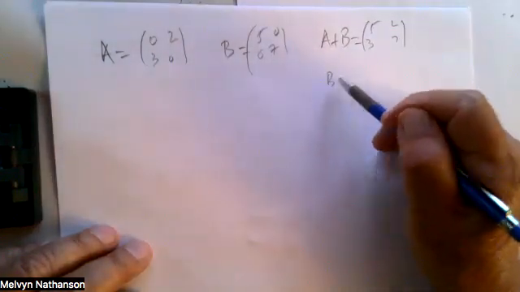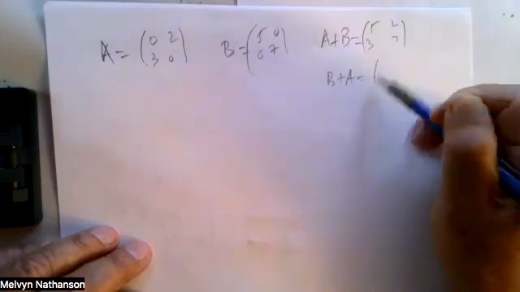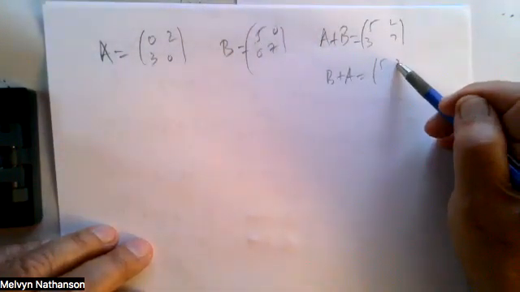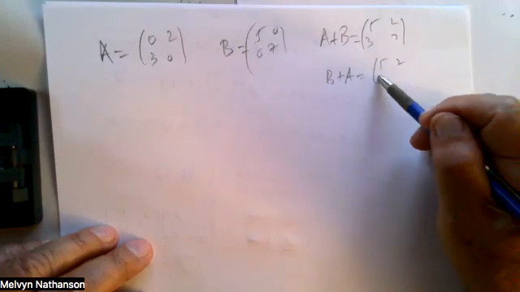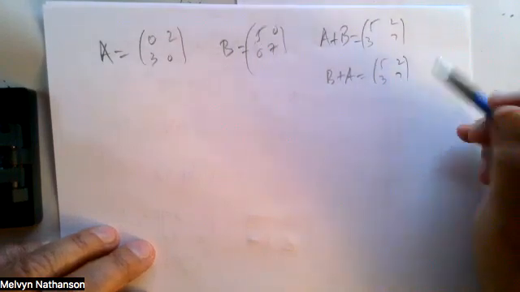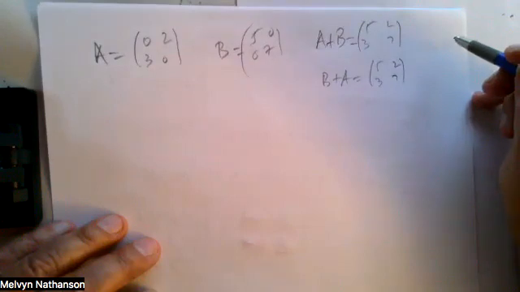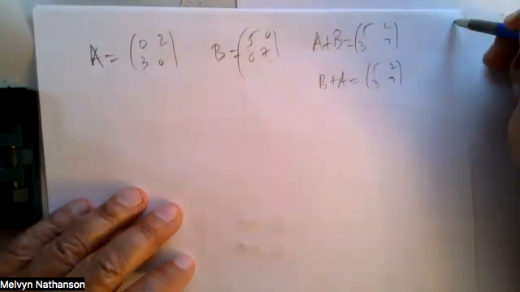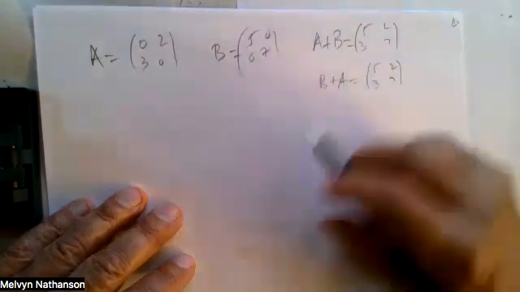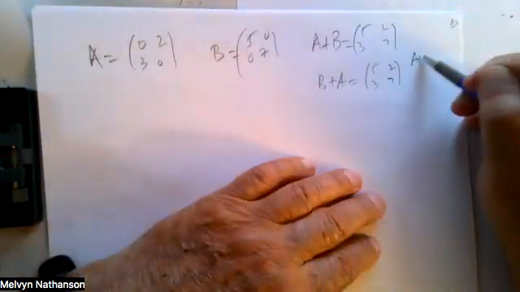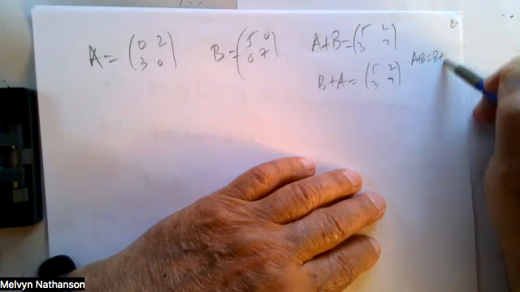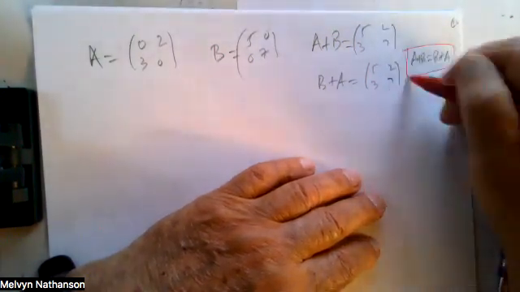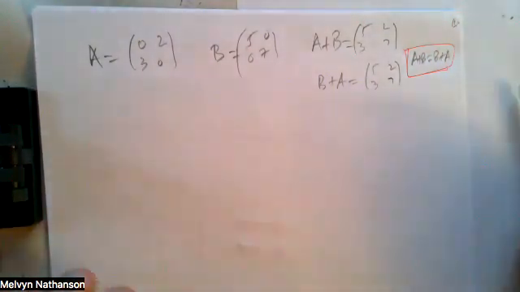If I add them in the opposite order, B plus A, it still is 5, 2, 3, 7. So we see, as we mentioned previously, that A plus B equals B plus A. Matrix addition is commutative.